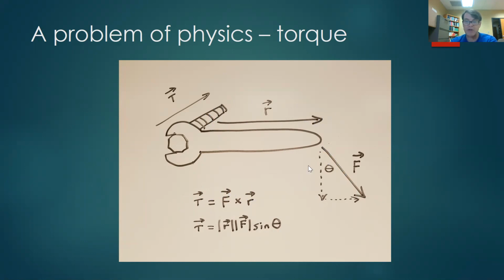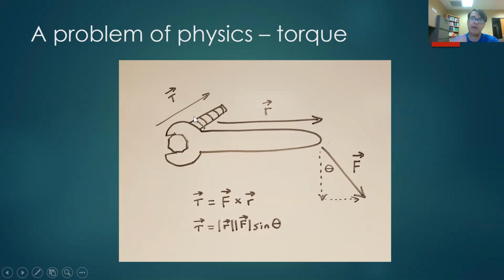Since I'm at an angle, sine is the opposite over the hypotenuse, right? So if I multiply the force times the sine of theta, I'm going to get this amount here that's going in the same direction as r. So the absolute value of r times the absolute value of the force times the sine of theta is going to give me the torque.